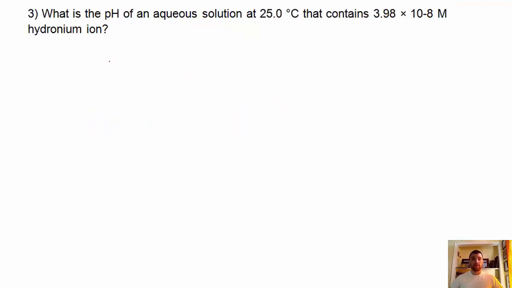So number 3, what is the pH of an aqueous solution at 25 degrees Celsius containing this concentration of hydronium ion? So here is the key. You've got to go, all right, what is pH? Remember that pH is the negative log of the concentration of H plus. There we go.